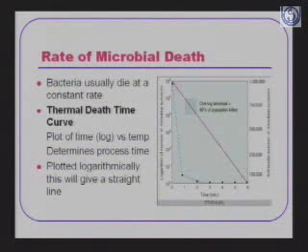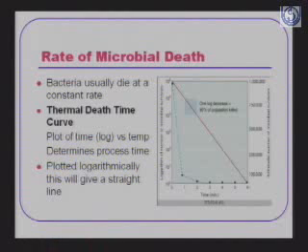Now coming to the rate of microbial death, when you are applying any thermal process, the microorganisms usually die at a constant rate, as you can see in the graph which is being shown to you. The graph is plotted with the log number of microorganisms on the y-axis and time on the x-axis.